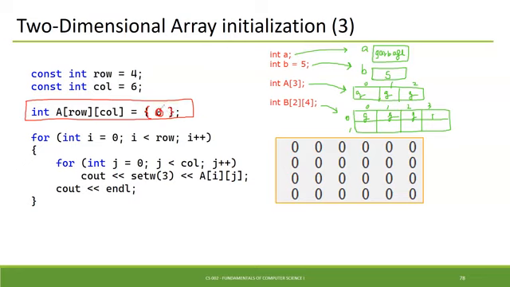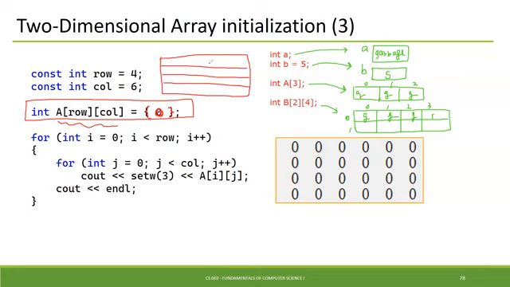If you put only 0 with curly braces, even if it is a two-dimensional array, then the computer will create size 4 rows and 6 columns, like this. So there are total 24 spaces, right? All 24 spaces will be filled with 0.